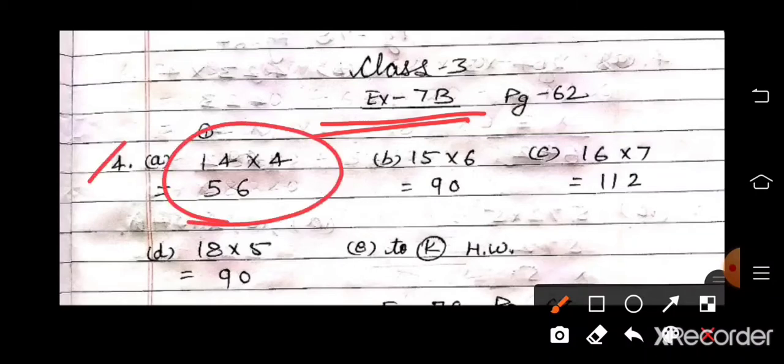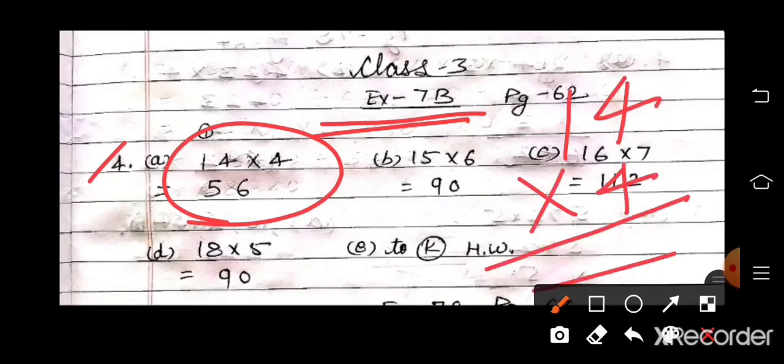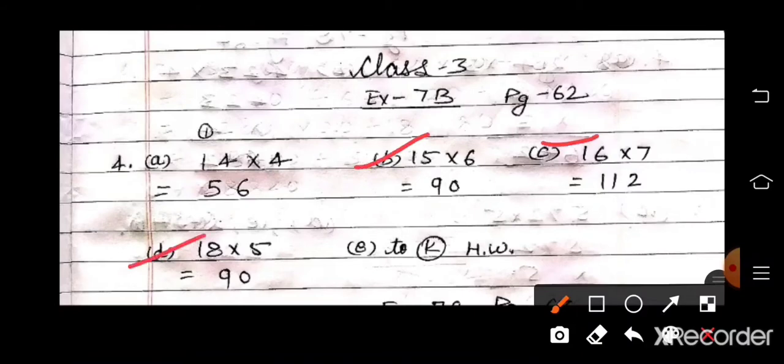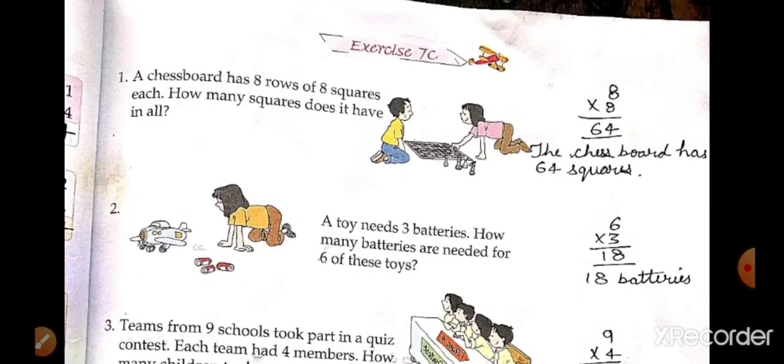So you can write like this or like this also. 14 multiply 4. 4 4s are 16. 6 here carry 1. 4 1s are 4 and carry 1, 5. Okay, so like this you have to do these sums. B, C, D parts I have done, and E to K is your homework.